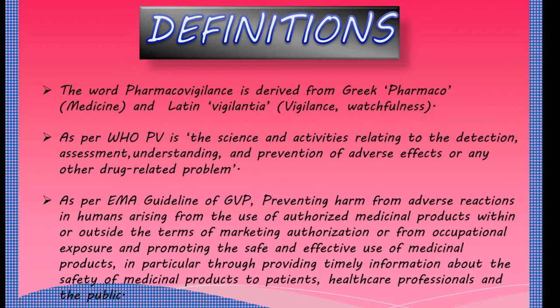So, preventing harm from adverse reactions in humans arising from the use of authorized medicinal products within or outside the terms of marketing authorization or from occupational exposure, and promoting the safe and effective use of medicinal products, in particular through providing timely information about the safety of medicinal products to patients, healthcare professionals, and the public.